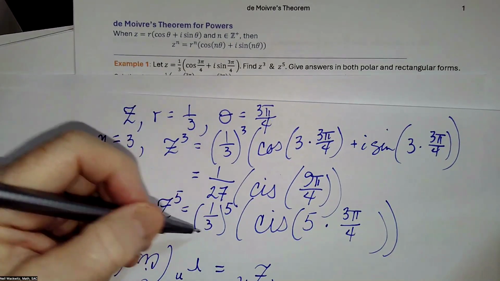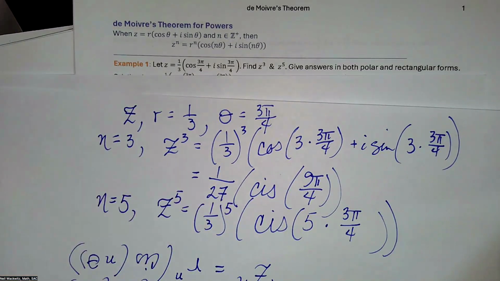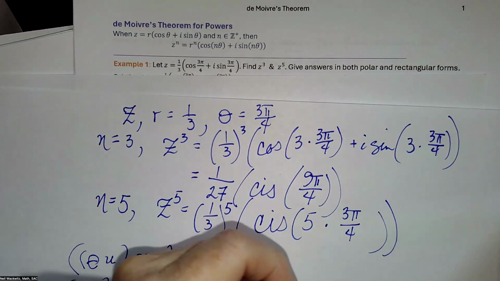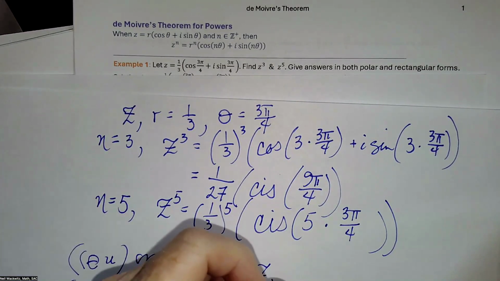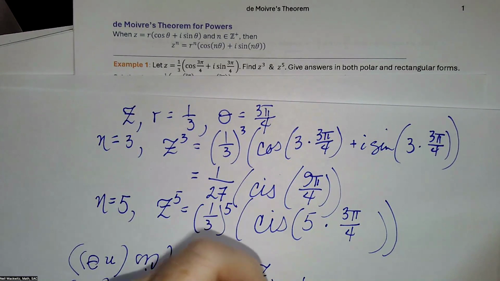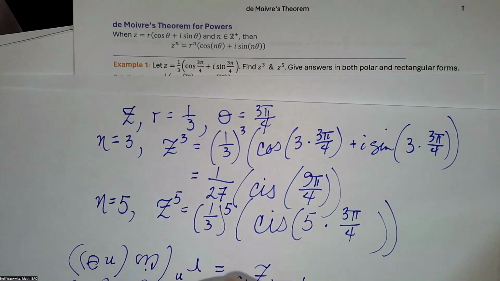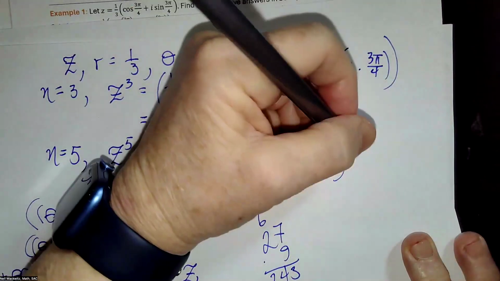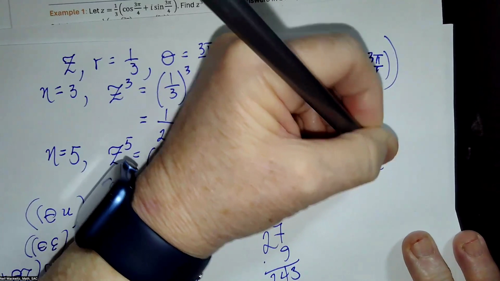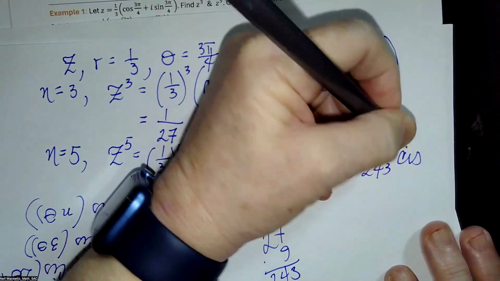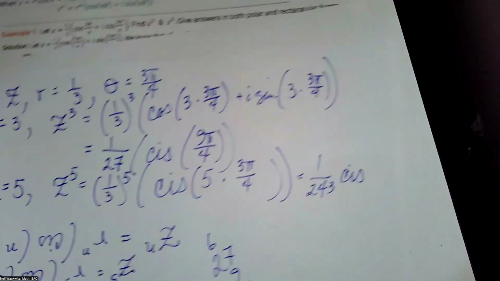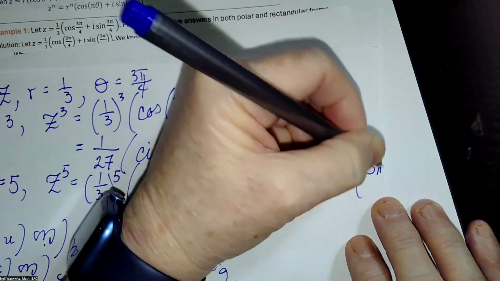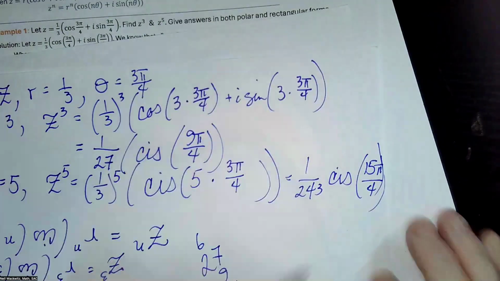So we're going to have, and 3 to the fifth, 27 times 9, 18 plus 6, 243, is that right? So we have 1 over 243 cis of 15 pi over 4.